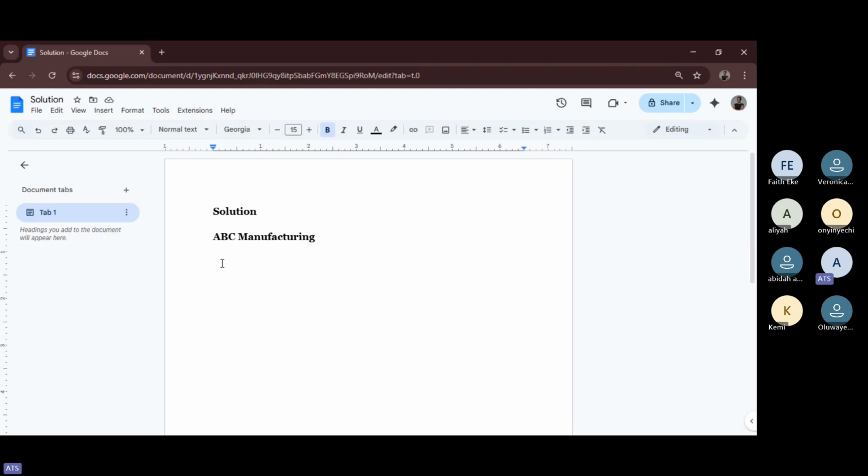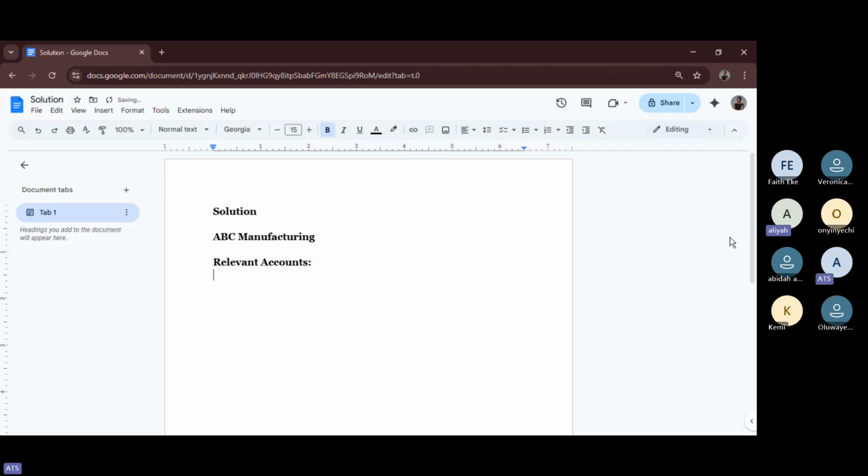So we have been asked to prepare the relevant ledger accounts. Okay, can anybody attempt or just give me your guesses? What do you think are the accounts we have to prepare? Raw materials account. Yes. Okay.